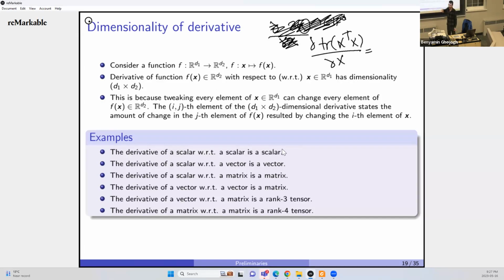So trace of x transpose x is a scalar. With respect to a matrix, the derivative should be a matrix with the same dimensionality as the matrix. And we know this is a quadratic form, x transpose x, so it must be something like 2x, like in a scalar, imitating the scalar.